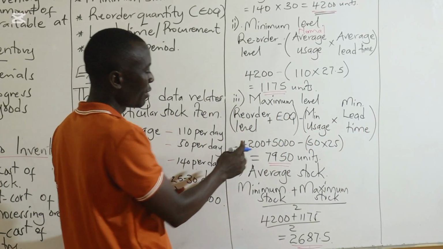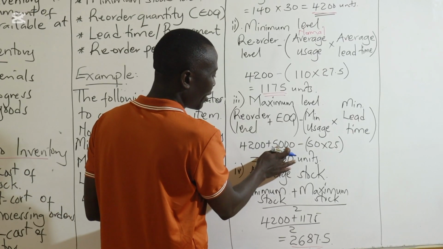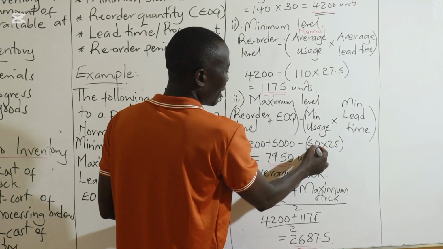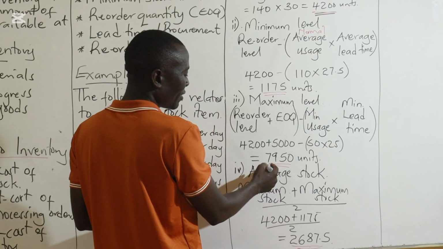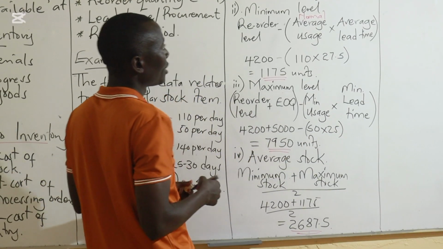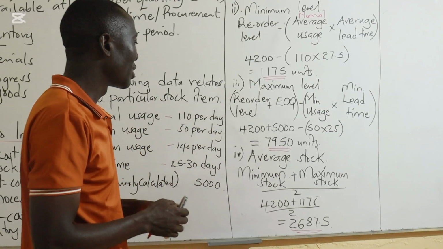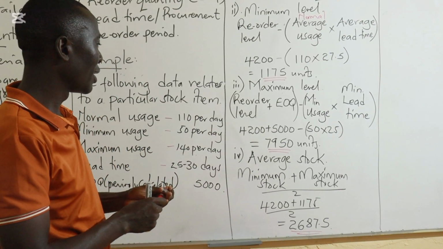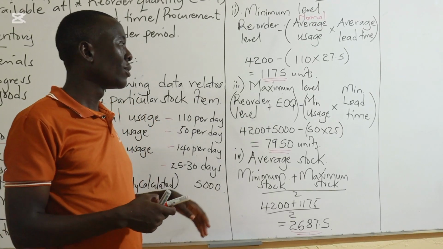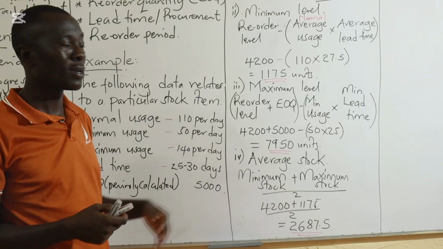Therefore we have 4,200 plus 5,000 minus 50 times 25, which gives us 7,950 units. This simply means 7,950 is the maximum level that we cannot store beyond.